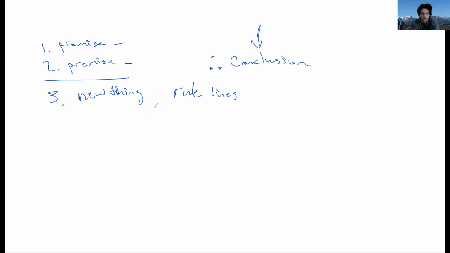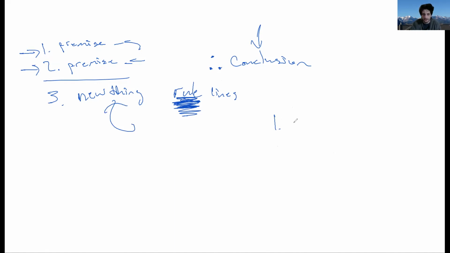We're starting off, me and the person I'm arguing with, both agreeing on lines 1 and 2. So far with these rules, I can take those two lines, and so long as they fit into the structure of the rule, I can get the new thing. And the rule is going to tell me that new thing.